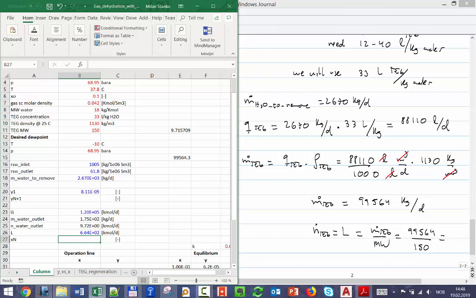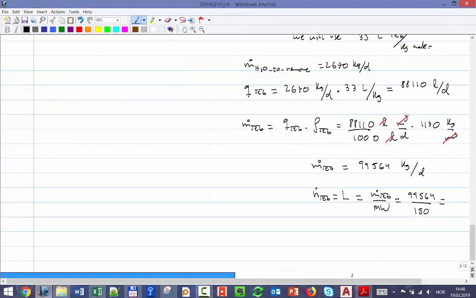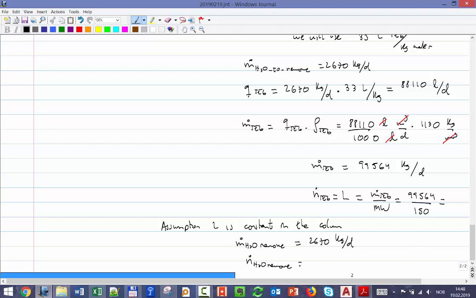How much is that compared with the water that I have to remove? We made an assumption, if you remember, that L is constant in the column. The amount of water to remove was 2,670 kilogram per day, and in number of moles that is that number divided by 18.